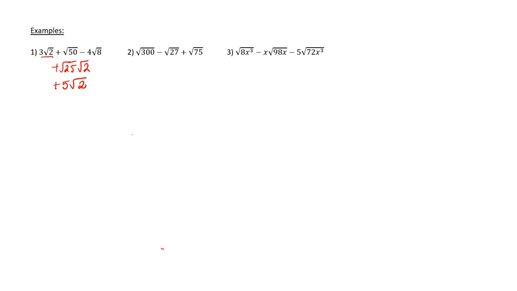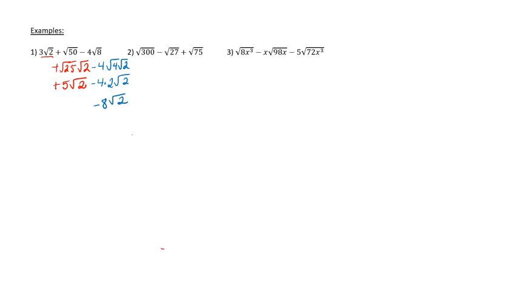We have minus 4 square roots of 8. 8 is divisible by 4, which is a perfect square. So that can also be simplified more. So I'm going to take out the 4. So it becomes minus 4 square roots of 4 times square root of 2. Then I'm going to find the square root of 4, which is 2. And then negative 4 times 2 is 8.